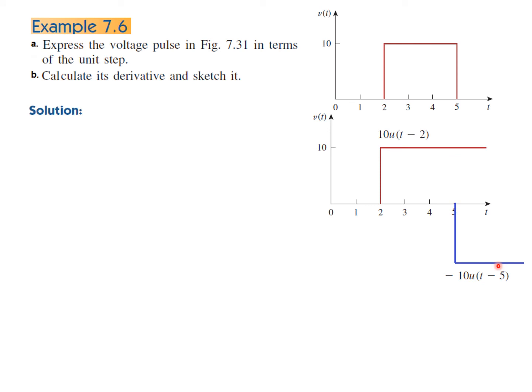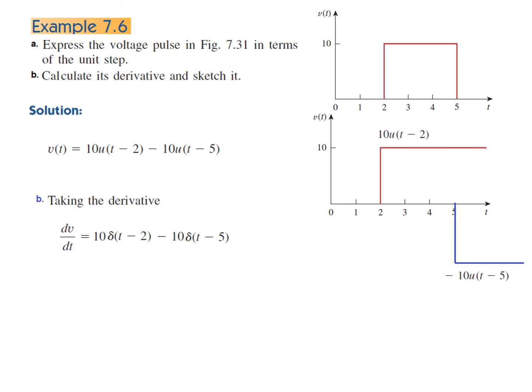Now when you add these two, you get this curve. So mathematically, v(t) of this curve is 10 u(t minus 2) plus minus 10 u(t minus 5), or actually minus 10 u(t minus 5).